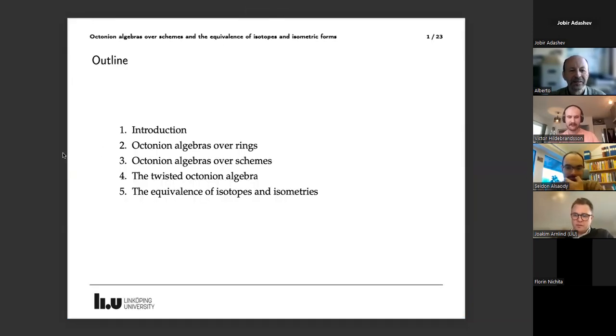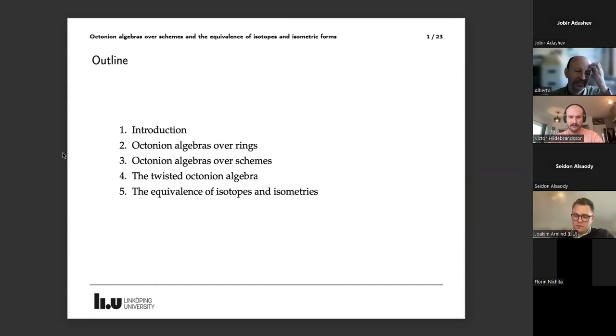So the outline of the talk will be a short introduction about the motivation and the goal for the thesis. Then I will talk a bit about the definitions we will use from Octonion algebras over rings, and then their generalizations over schemes.